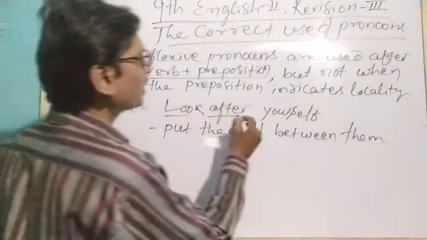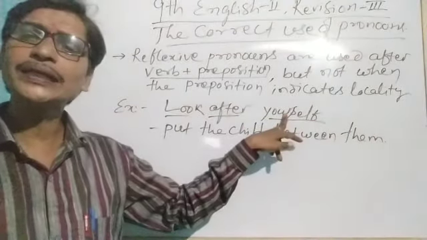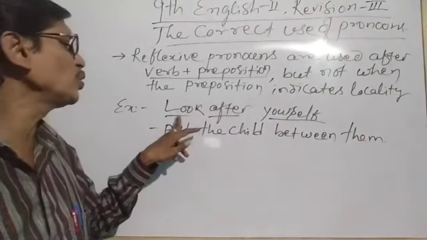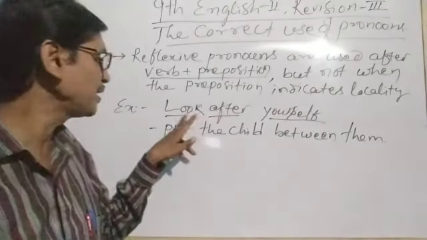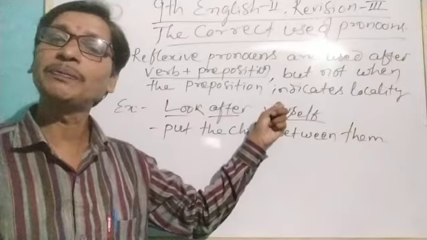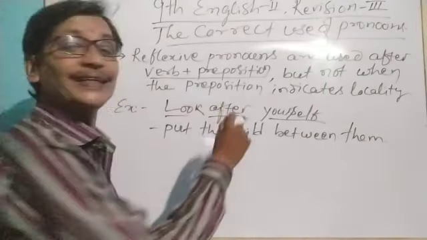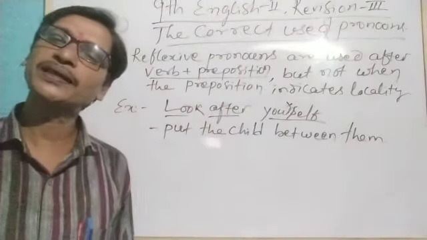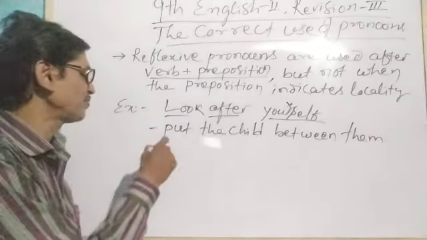Look after yourself. We have written the reflexive form yourself after this look verb plus preposition combination in our sentence, because after the verb plus preposition combination we can write the reflexive form of the pronoun. But when the preposition is indicating a place, we cannot write the reflexive pronoun. It is the rule. Here, see, another example is given.